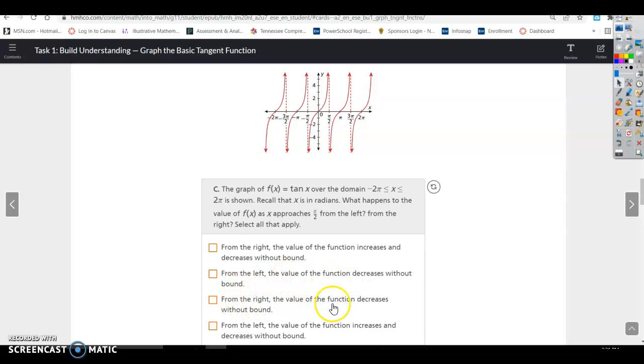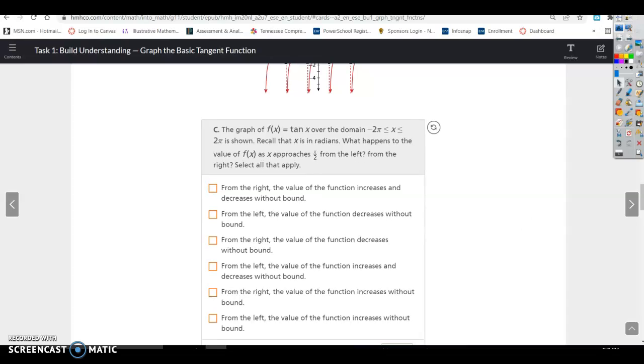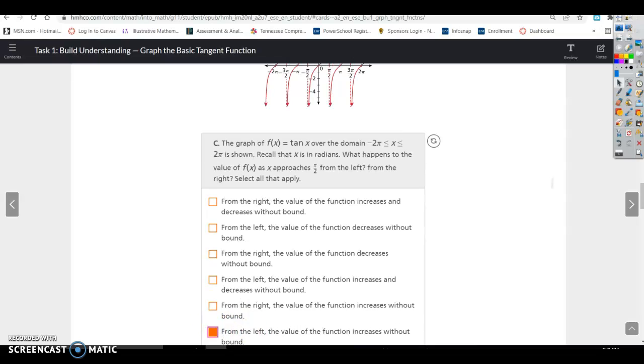From the right, the value of the function decreases without bound. From the left, the value of the function increases and decreases without bound. And from the right, the value of the function increases without bound. And from the left, the value of the function increases without bound.